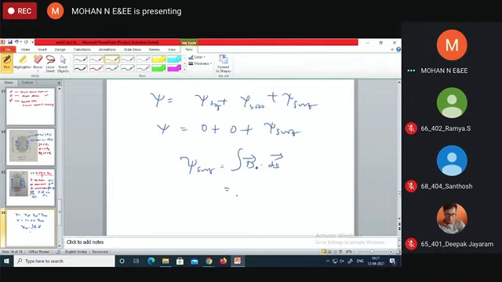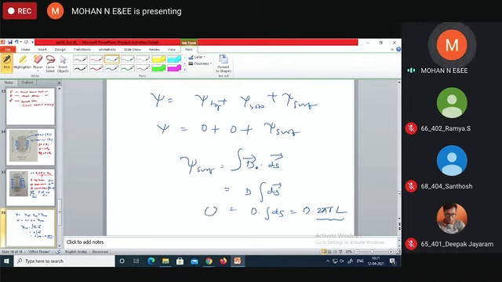D is constant here, so it is D into the integral of ds, which is D into 2 pi r L. Here r is the radius of the Gaussian surface cylinder, and L is the length of the Gaussian surface cylinder.